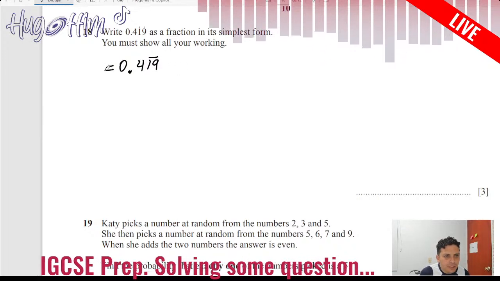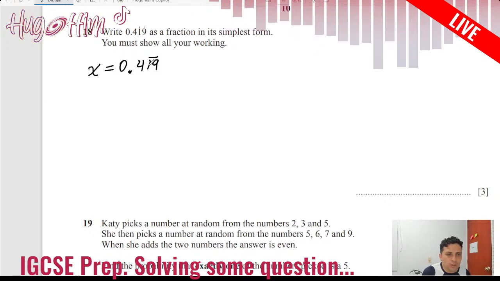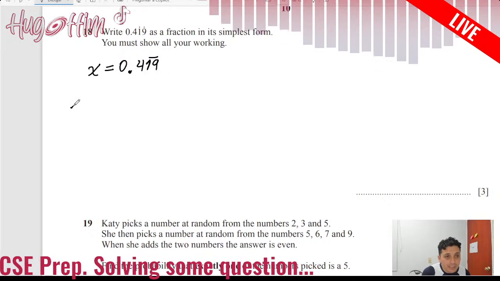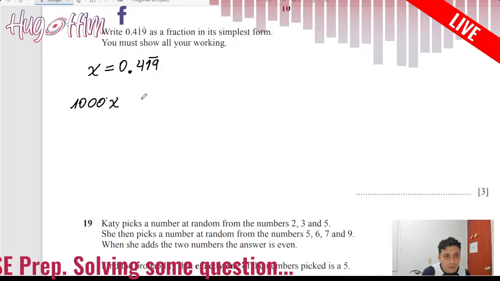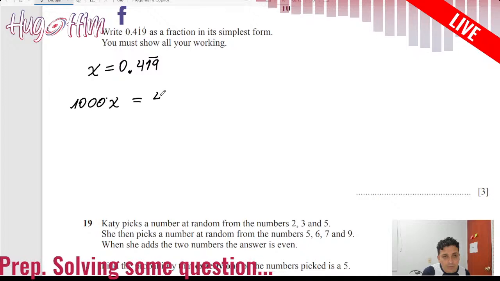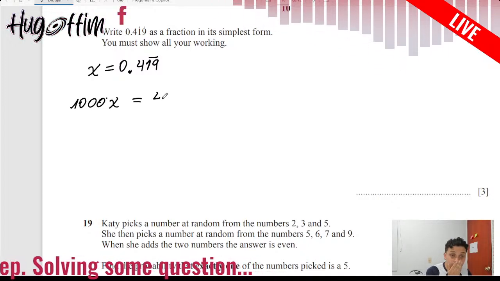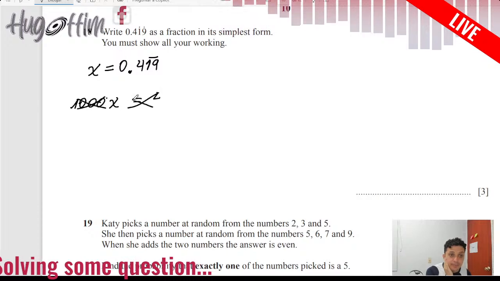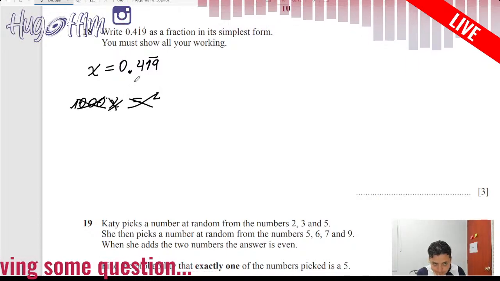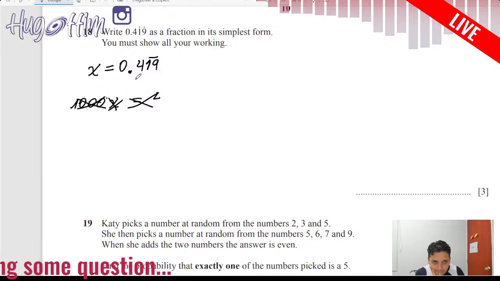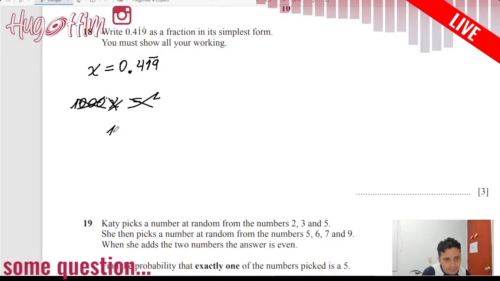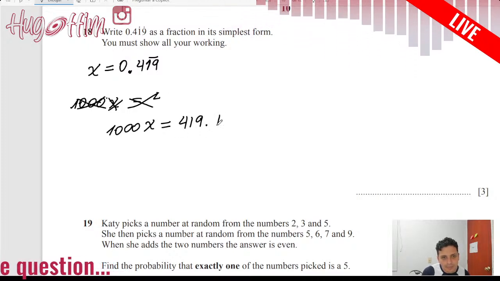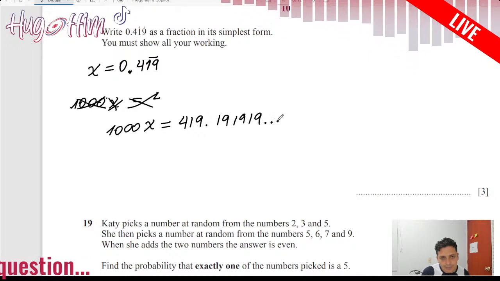Okay, my suggestion is to say that this is x. Now I'm going to multiply by 1000. So 1000x equals 419.191919.